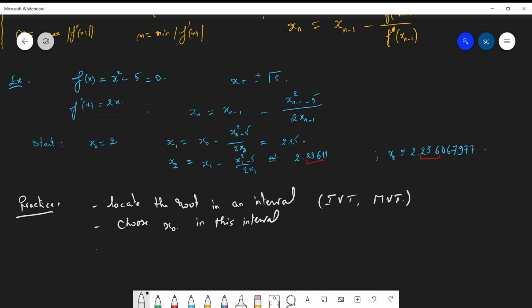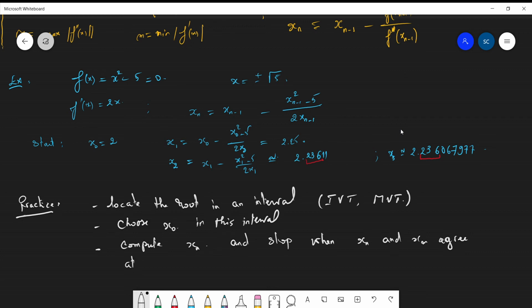And then what can you do? Compute xn, and stop at m decimals. Stop when xn and x(n+1), the following iterate, agree at m decimals.